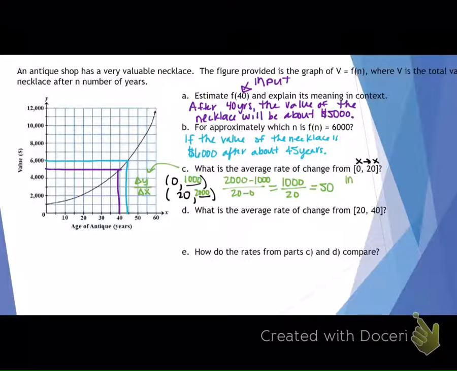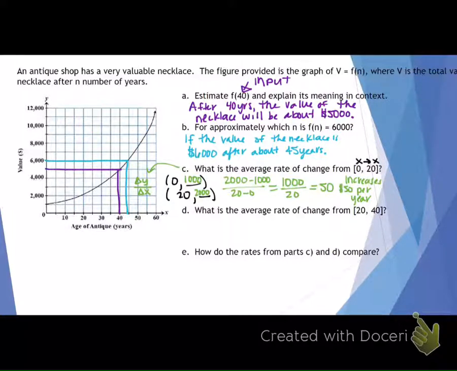It increases $50 per year. Years is on the x, so it's just y over x. So it increases $50 per year. Just look at the unit on there, not the whole entire thing, you know what I mean?